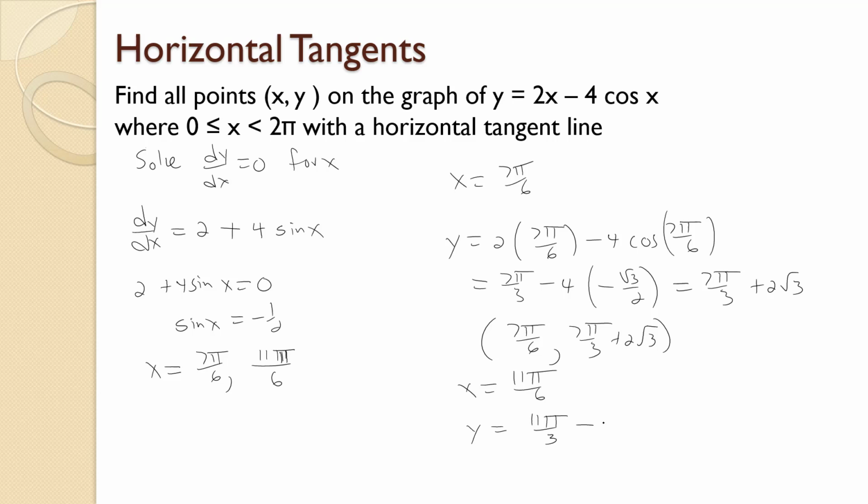So you would get positive square root of 3 over 2 times 4, and that would then give you 2 square roots of 3 being subtracted. So the point then in this case is, oh, sorry, it's 11 pi over 6, comma, 11 pi over 3 minus 2 times the square root of 3. That's it. That's the other point.